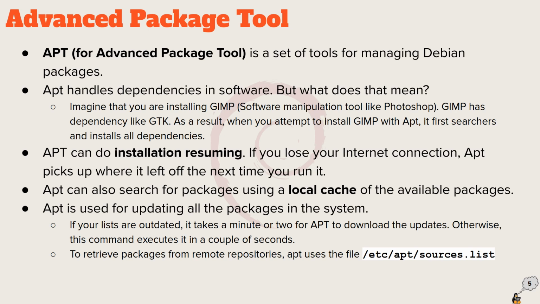Imagine that you're installing a big application like LibreOffice or GIMP, or maybe a game like Doom, or Steam, right? Those big applications require a ton of other dependencies that the end user will never know are needed. If it wasn't for APT, you would have to look for those dependencies manually and install them.